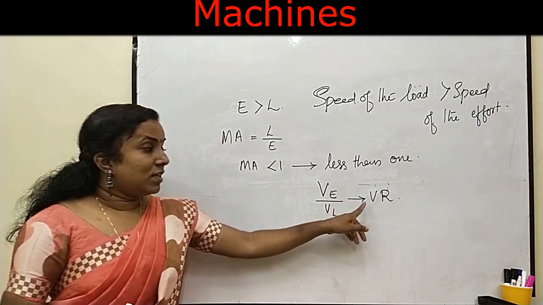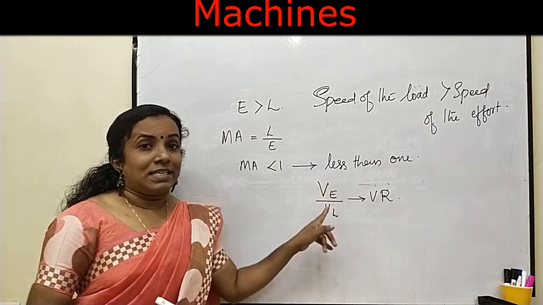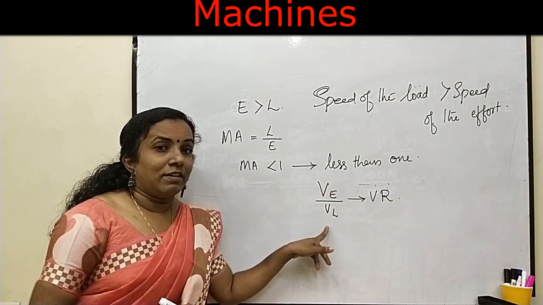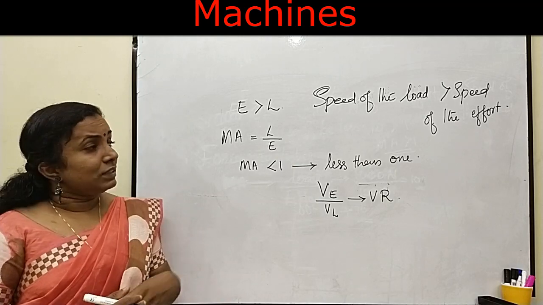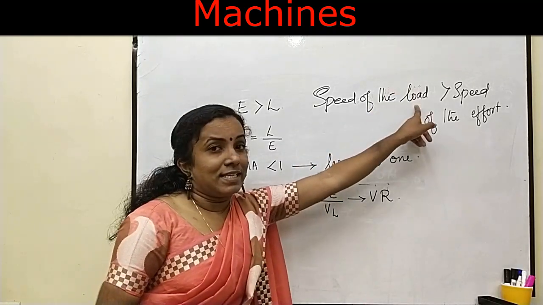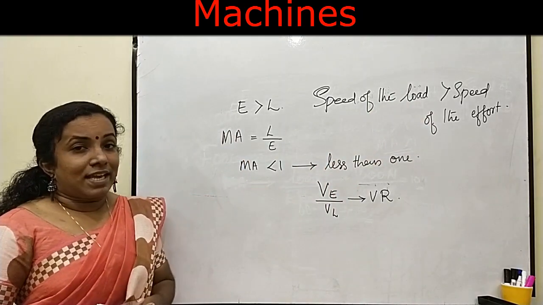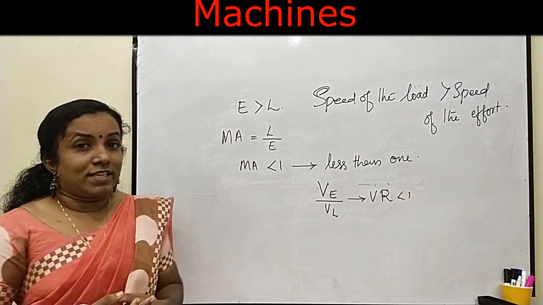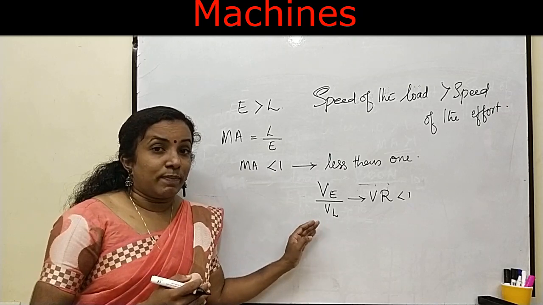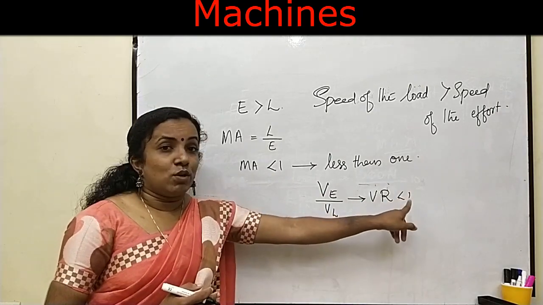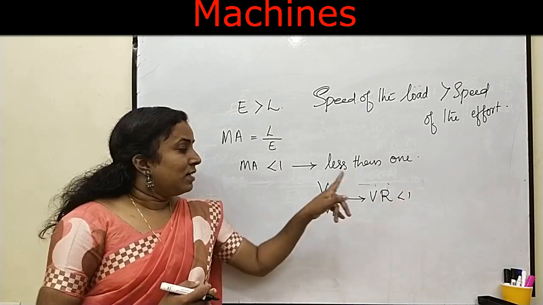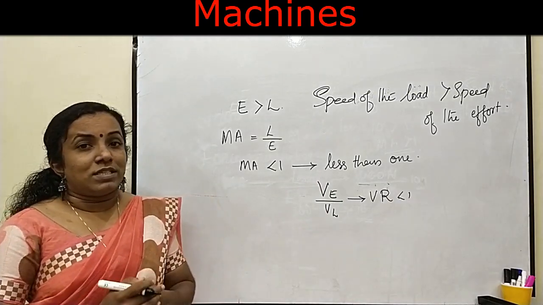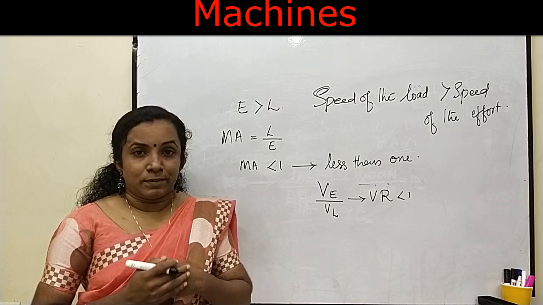So, velocity ratio is VR and it is the ratio of velocity of effort by velocity of load. Since load has greater speed, in this case, velocity ratio is less than 1. In the case of a speed gainer, velocity ratio is less than 1 since velocity of load is greater.